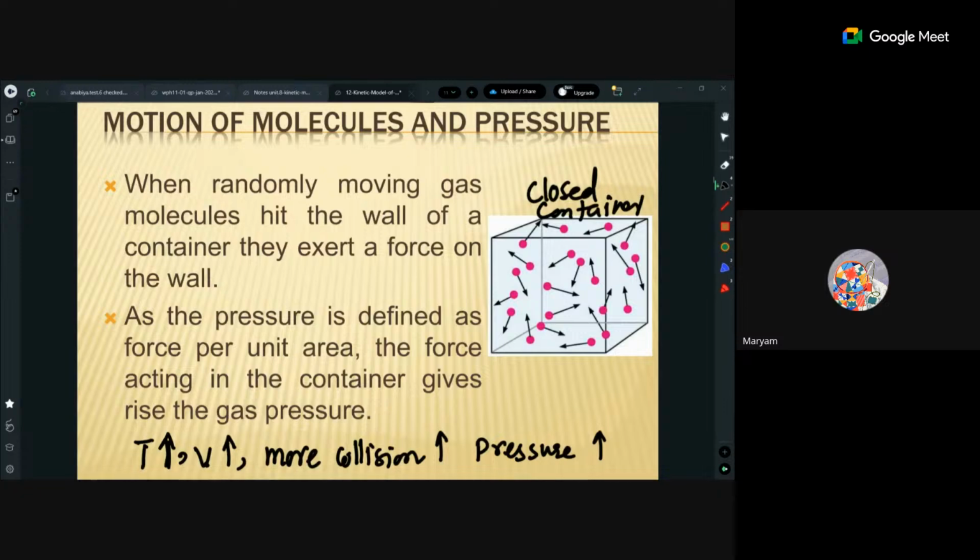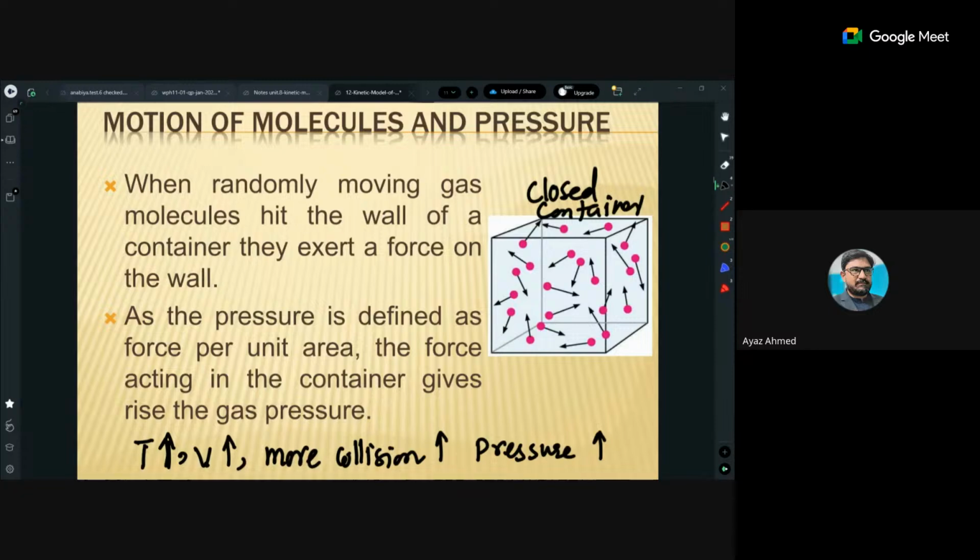If you're increasing the pressure, for example, if there's a syringe with a gas, and you push the plunger in, you're decreasing the volume and making the particles go closer together. So there will be more particles in a smaller volume. That would be an increase in concentration, exactly. Number of molecules per unit volume, that matters a lot.